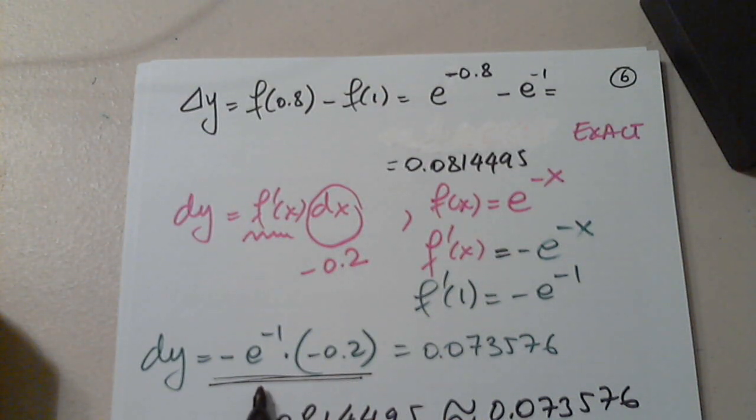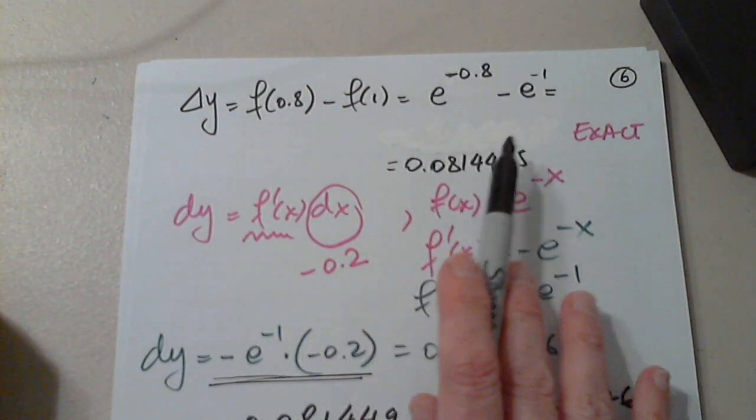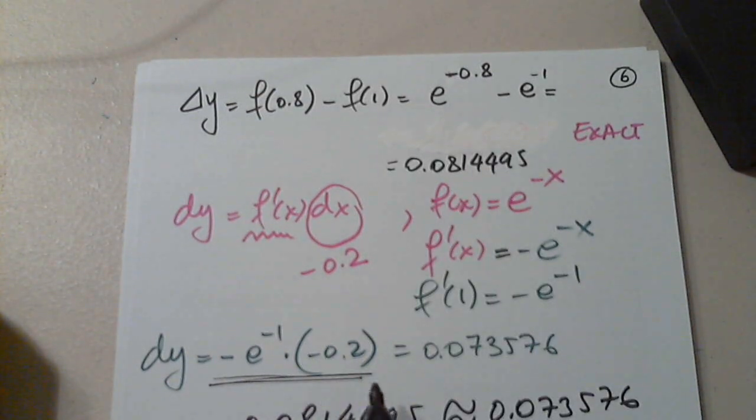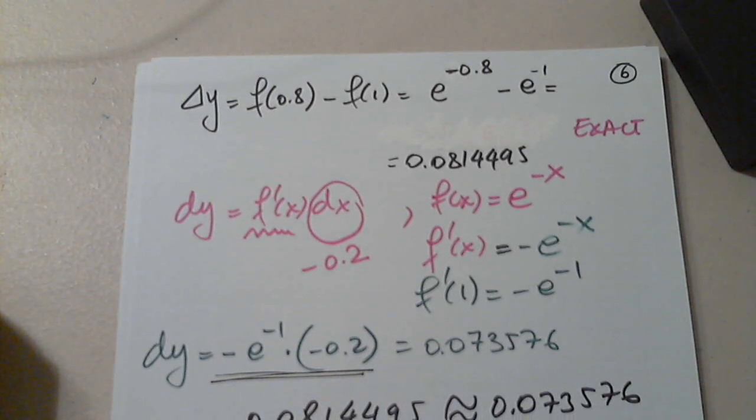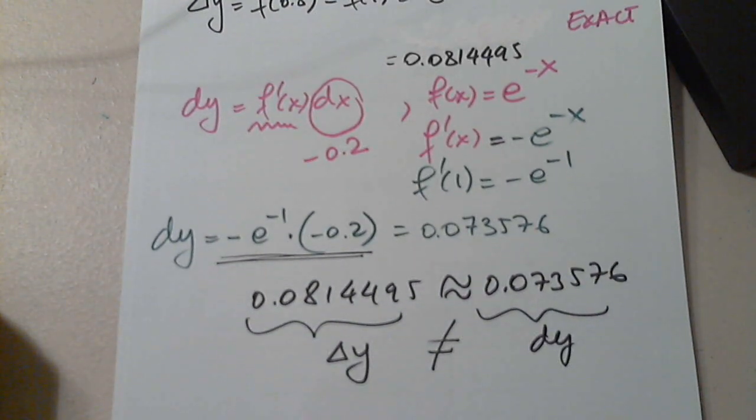You can say for this function, both are kind of difficult to calculate, yes, but this is a quick solution or quick answer. They're not equal. They can never be equal. That's not possible. This is the exact and this is the approximation. Any questions on this problem?